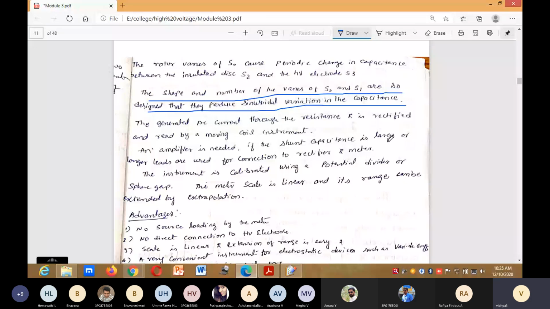The instrument is calibrated by using a potential divider or a sphere gap. The meter scale is linear and its range can be extended by extrapolation.